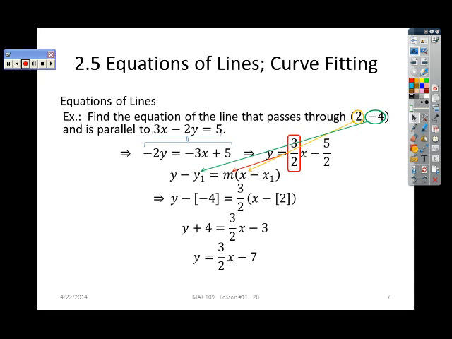Same slope, different intercepts, goes through that point. Either way, I showed it manually using the y equals mx plus b form. The slide shows it using this point slope form.